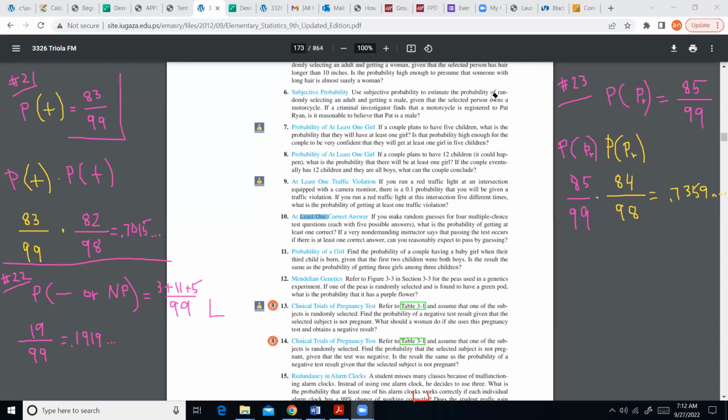Turns out this is a very standard type of question because at least 1 appears, I think, everywhere on this entire page. So this at least 1 is actually what we want to concentrate on today.